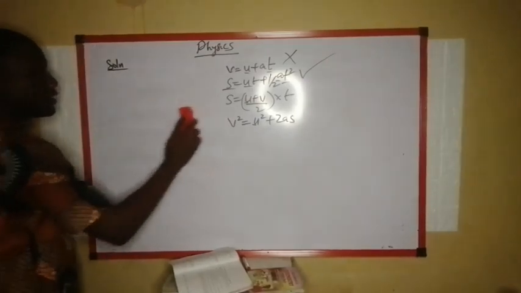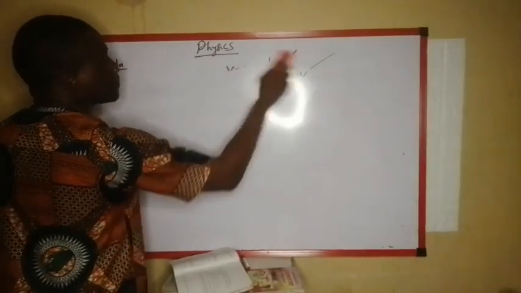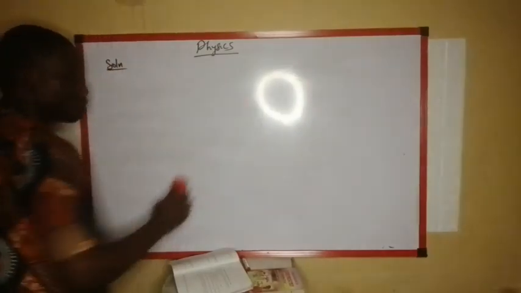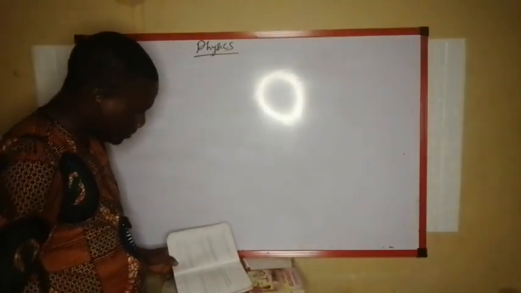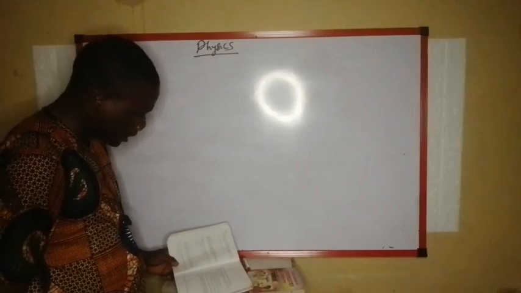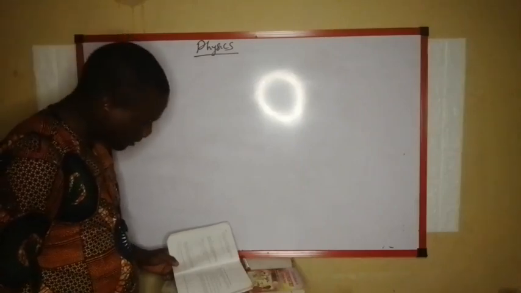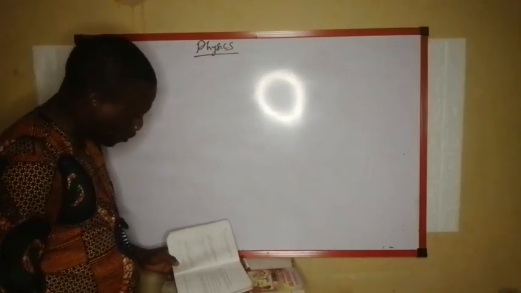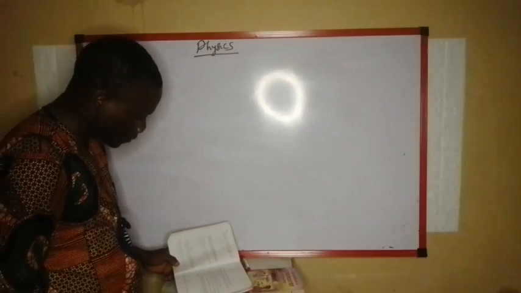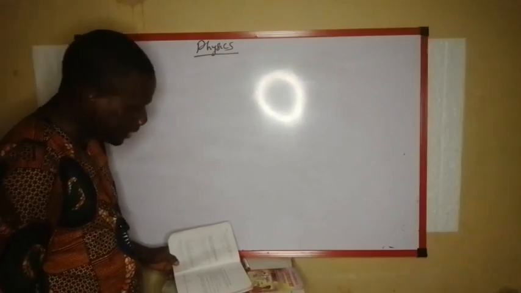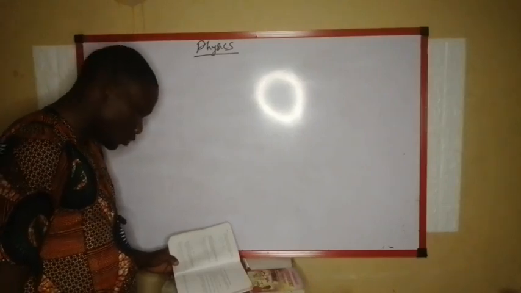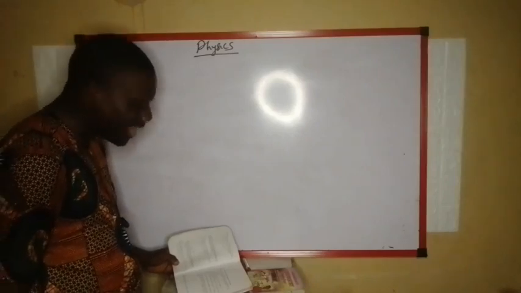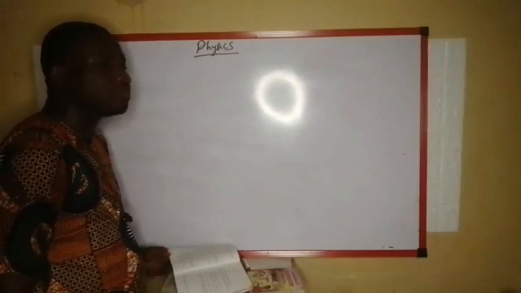Question 2 is also very simple. So we are going to analyze it together. Question 2 says the motion of an object moving in a straight line is uniformly retarded so that it comes to rest in 20 seconds after traveling a distance of 40 meters. What is the initial velocity of the body?